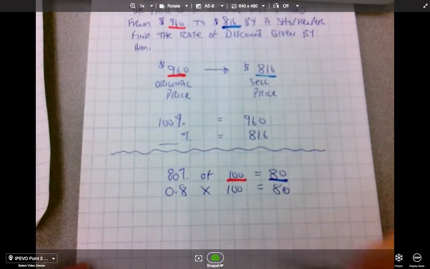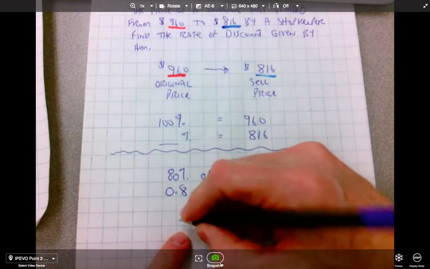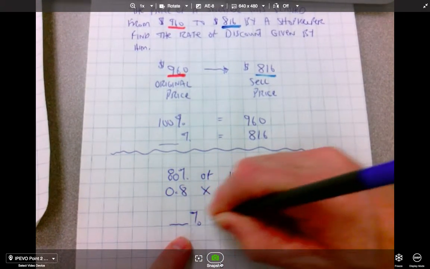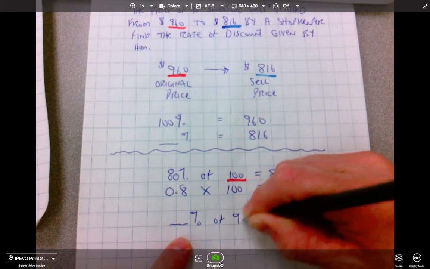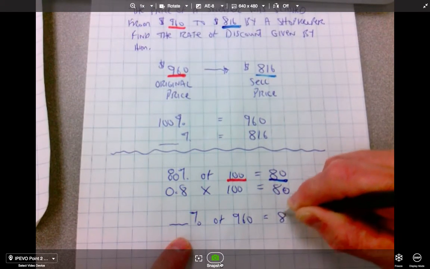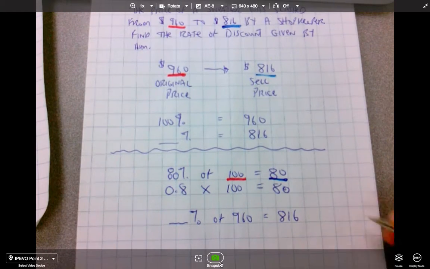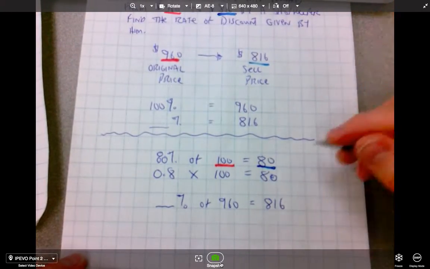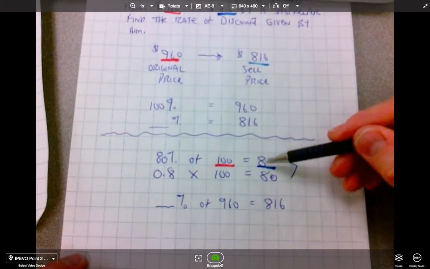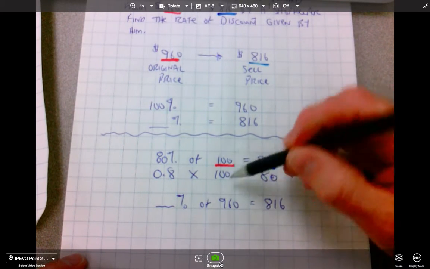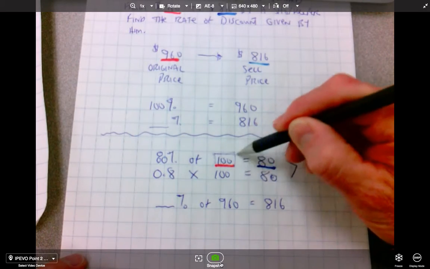So in our case, we have something percent of 960 gives us 816, right? In this example, how much has been taken off of the original price?